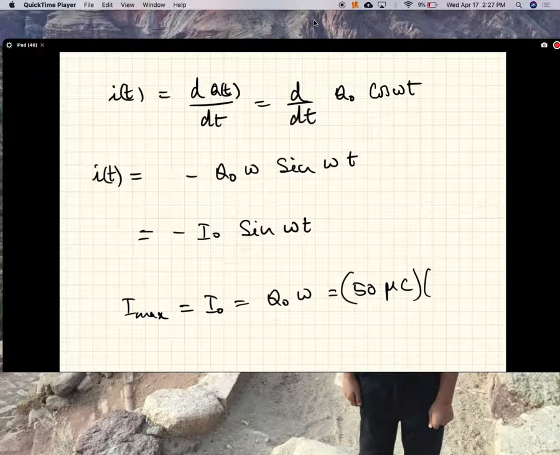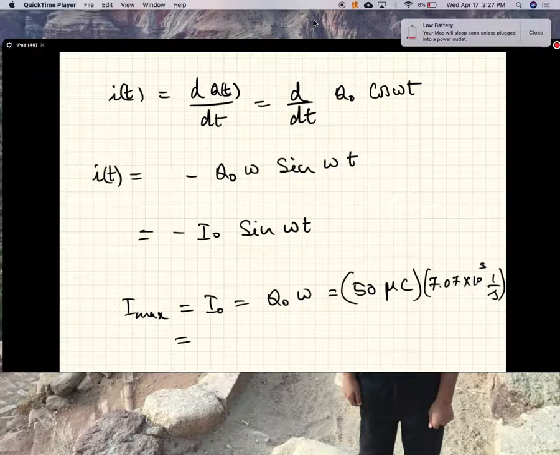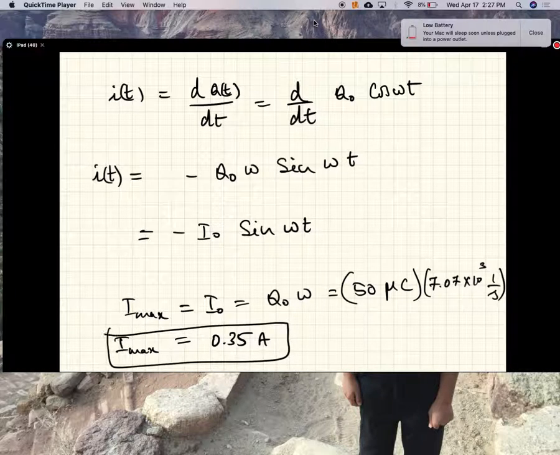That is 50 microcoulombs times, we figured out omega, 7.07 times 10 to the power 3 per second, and this works out to 0.35 amps. So that is the amplitude of the current.